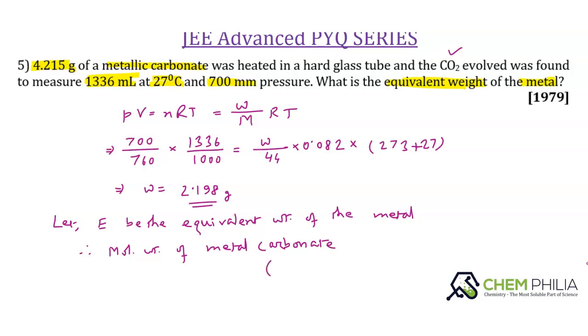Now see one thing, carbonate is a bivalent radical. Clear? So in this case for metal the n factor is 2. So if E is the equivalent weight of the metal, the atomic mass of the metal will be 2 into E. Clear? Plus for carbonate it's 60. So 2E plus 60, that is the molecular weight of the metal carbonate.